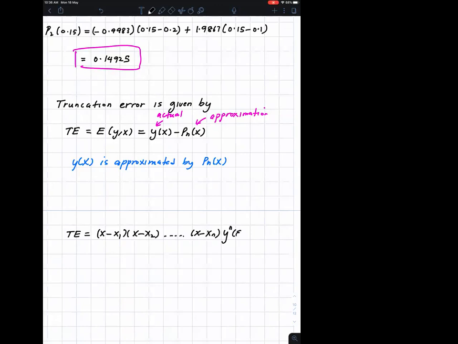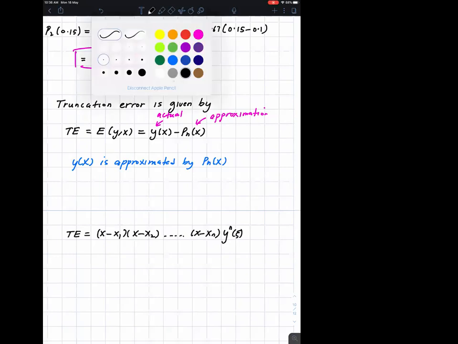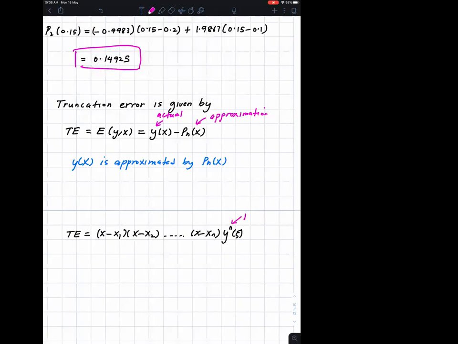This Greek symbol here, it's the order of derivative. And this is the error.